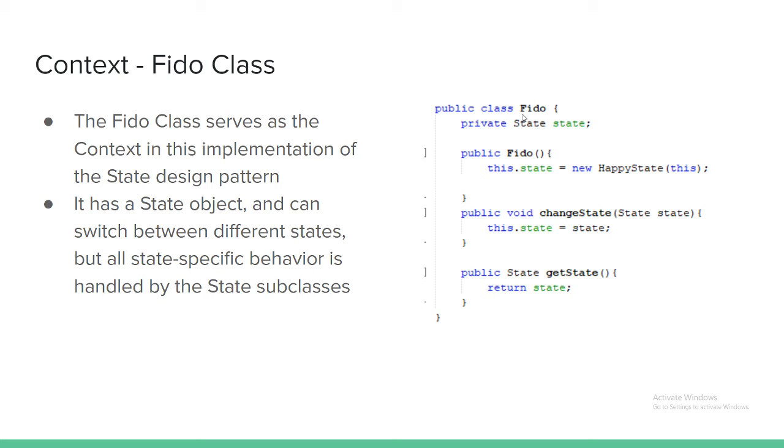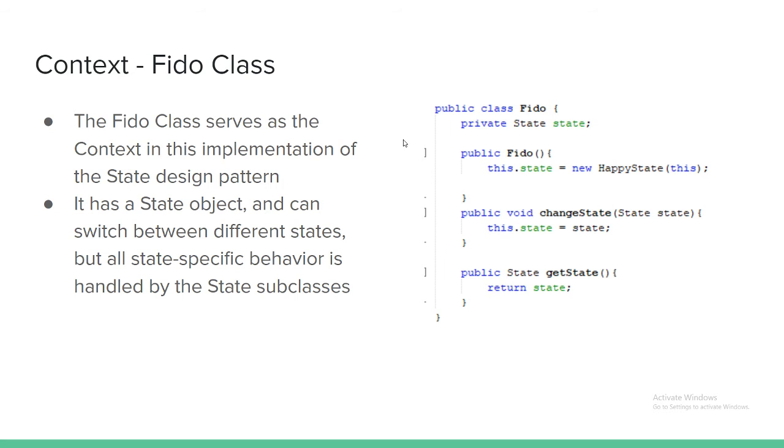As you can see, there's the private instance of the state class, and when Fido is initially constructed, it starts off in the happy state.